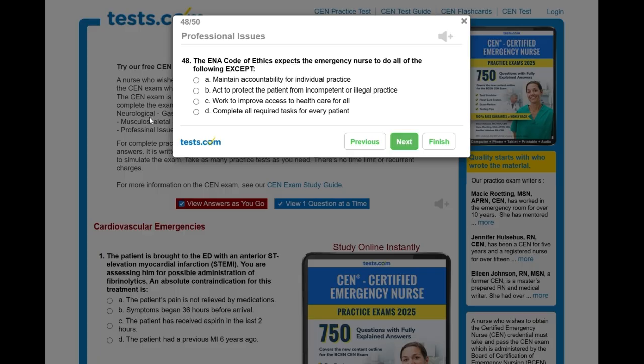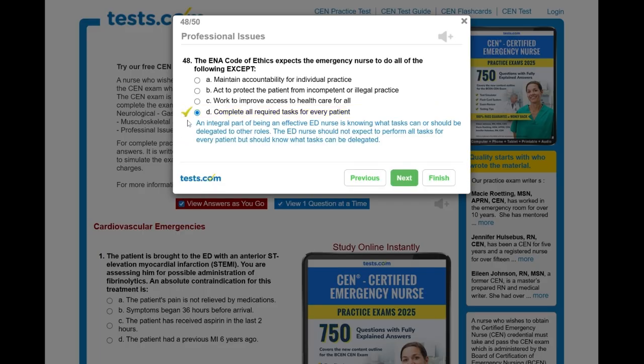D. Complete all required tasks for every patient. D. Complete all required tasks for every patient. An integral part of being an effective ED nurse is knowing what tasks can or should be delegated to other roles. The ED nurse should not expect to perform all tasks for every patient, but should know what tasks can be delegated.